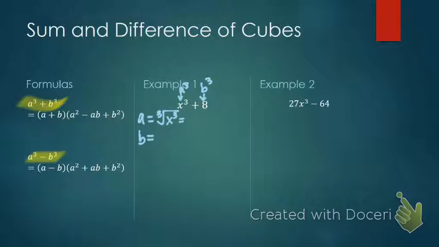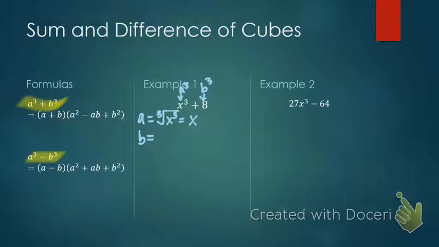The cube root is the same idea as a square root, but a square root is where 2 times 2 is 4, so the square root of 4 is 2. A cube root is the same idea, except the number happens 3 times instead of 2 times. So the cube root of x cubed is just x, because the cube root cancels out the cubed.